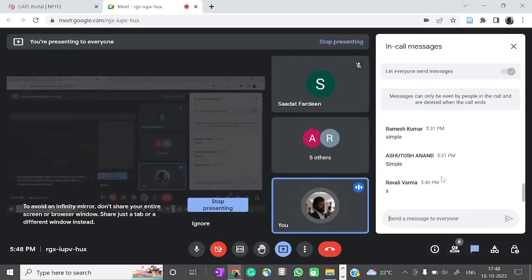Let me know your answers through the chat box. Does it act as an up counter or a down counter, or it doesn't work at all?